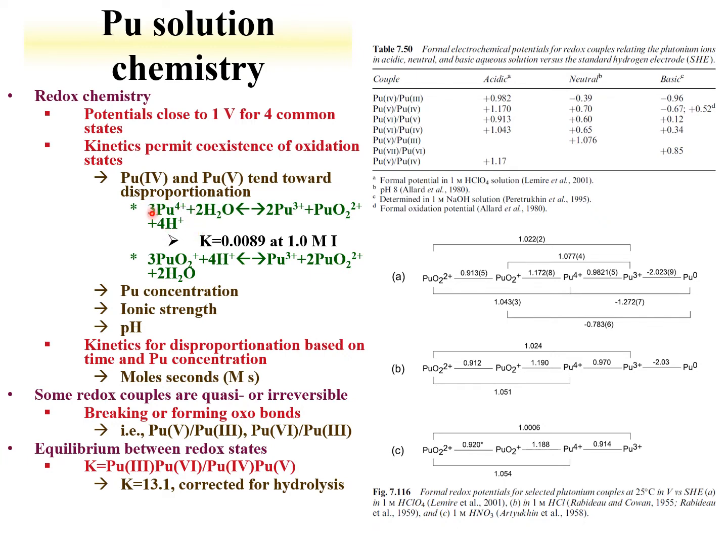If you wanted to prevent this disproportionation, you could use lower plutonium concentrations, since 3 plutonium-4s are needed, or higher acid, which, from Le Chatelier's principle, would shift the reaction towards the reactants. And here's an example below of plutonium-5 going to plutonium-3 and again plutonium-6. So these kinetic changes are a function of conditions including pH, ionic strength, and plutonium concentrations.